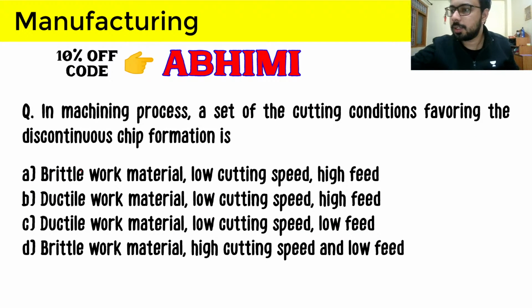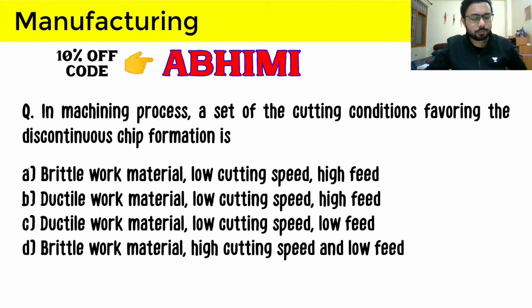Our next question is asking us: in a machining process, a set of conditions favoring discontinuous chip formation is: brittle work material, low cutting speed and high feed; ductile work material, low cutting speed, high feed; ductile work material, low cutting speed, low feed; brittle work material, high cutting speed, low feed.